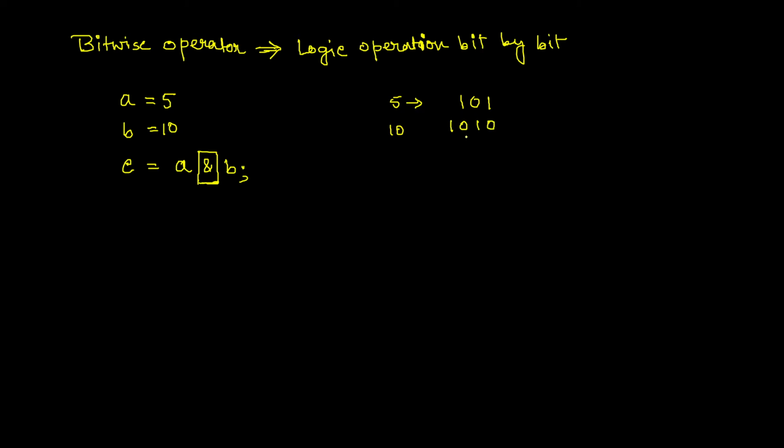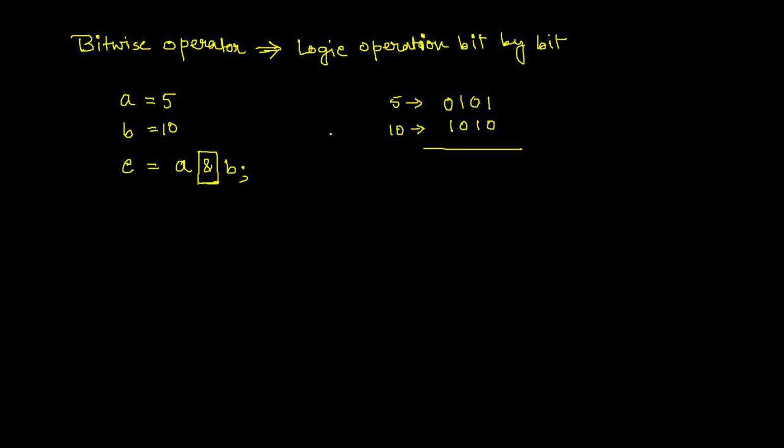So to make them the same length, I will keep this 0 over here, right? So this is 10. Now, due to this AND operation, what will happen? We will have a logical AND operation bit by bit between these two numbers 5 and 10.